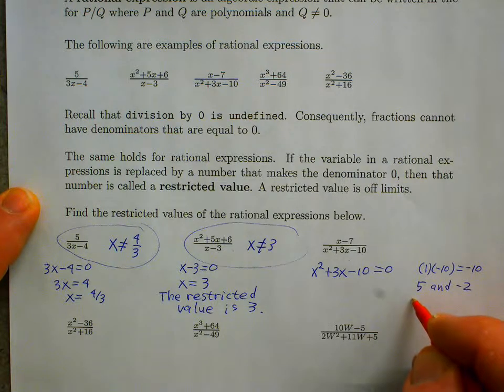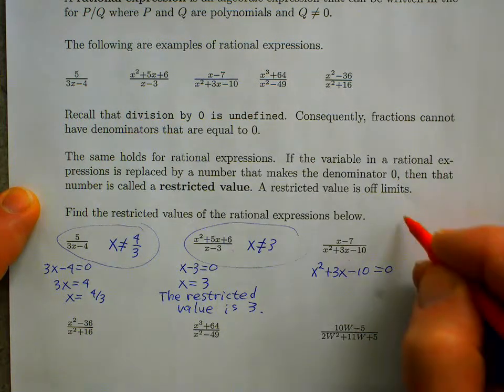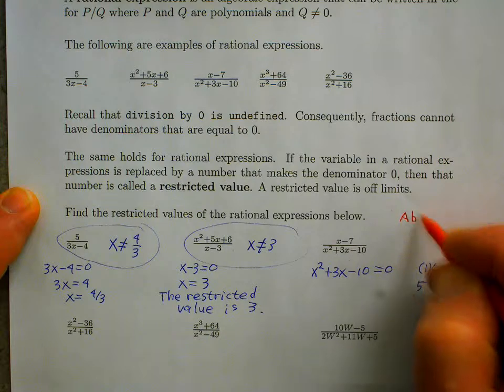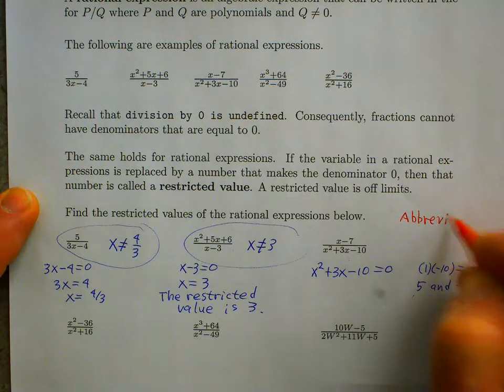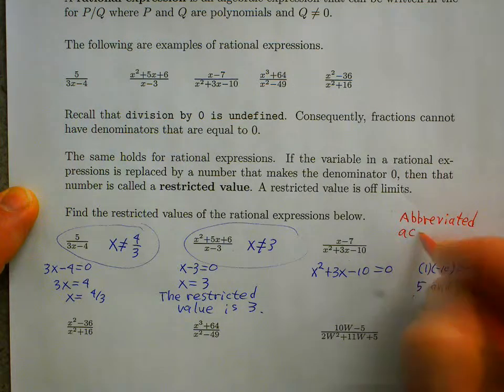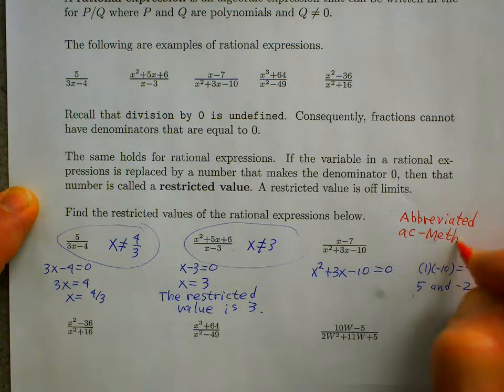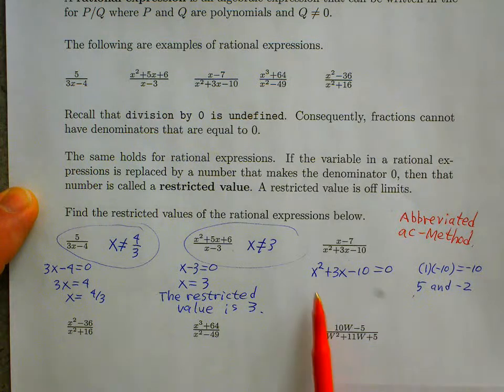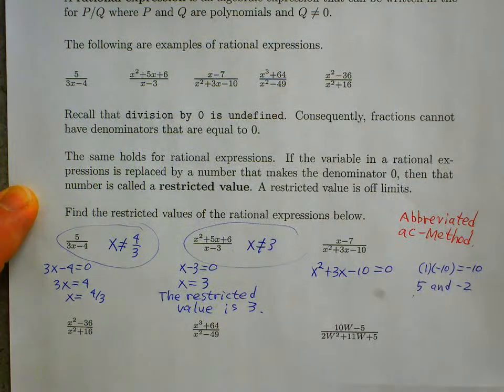I'll point that out a few times when it's convenient to use. We can apply the abbreviated AC method when the coefficient of x squared is 1, like what we have here. So we found the two integers, 5 and negative 2, they have a product of negative 10 and a sum of positive 3.